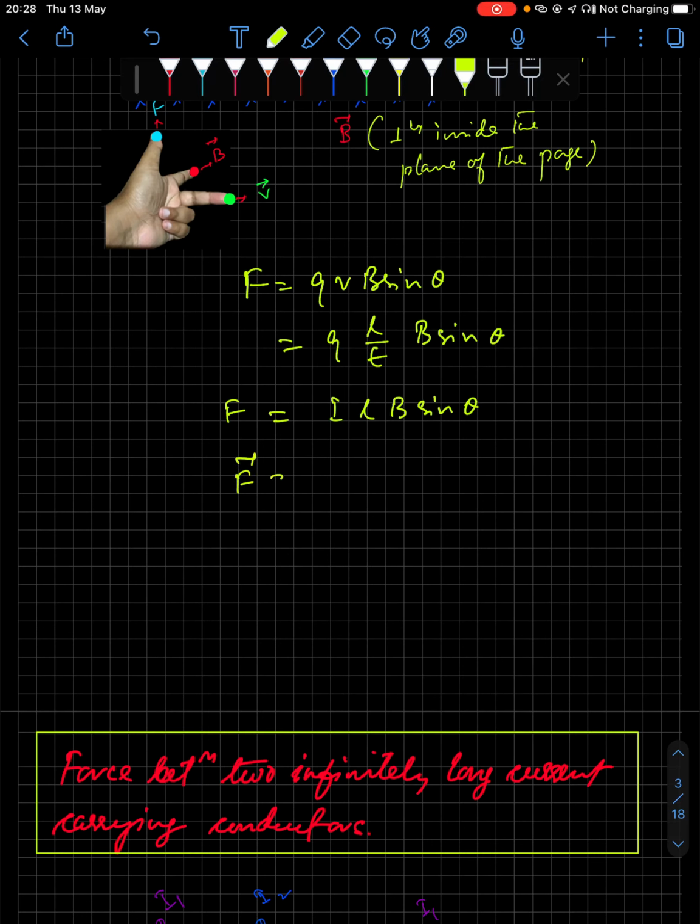Now in vector form, you will write this as IL cross B. If theta is equal to 90 degrees, then F equals ILB. Maximum force will act on the wire.